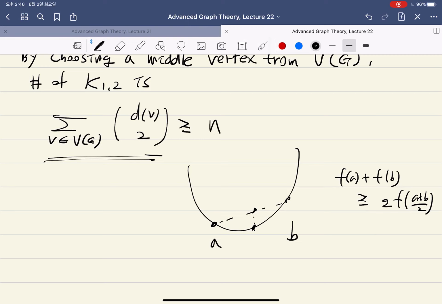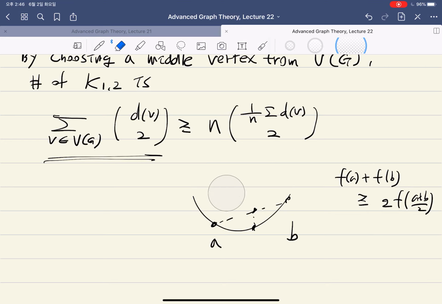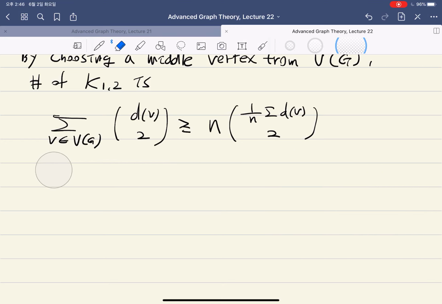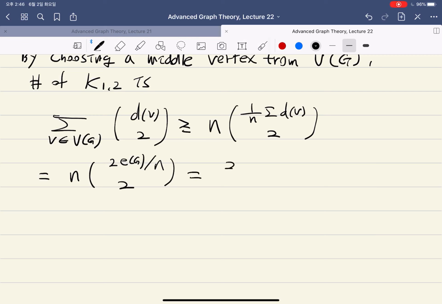Applying this convexity is the same as taking the average value, applying the function to it, and then multiplying by n. This is by convexity, and by the degree sum formula we know that this is n times the choose-2 of twice the number of edges over n, which is 2m squared over n minus m.